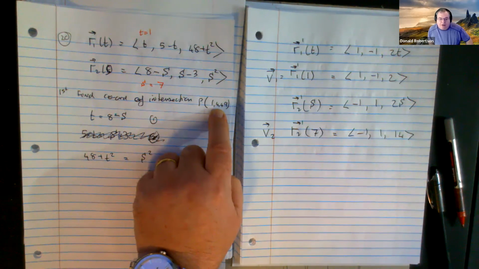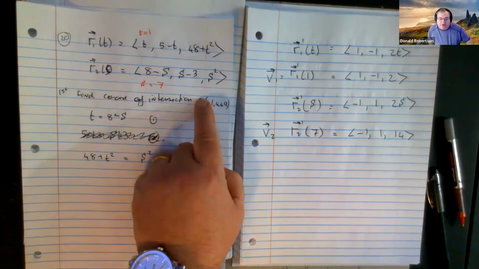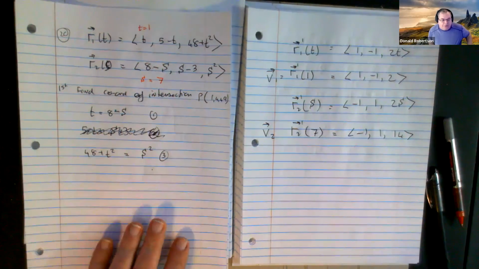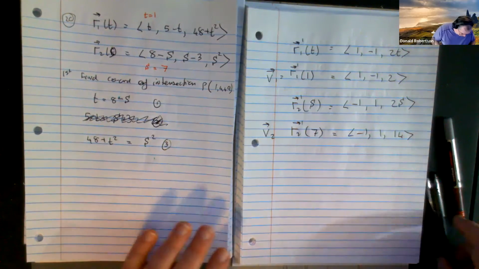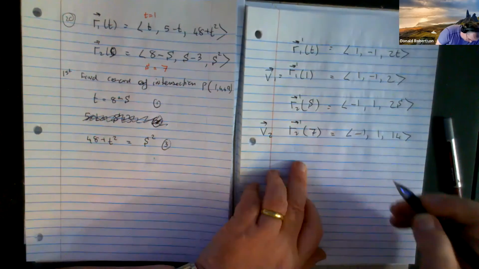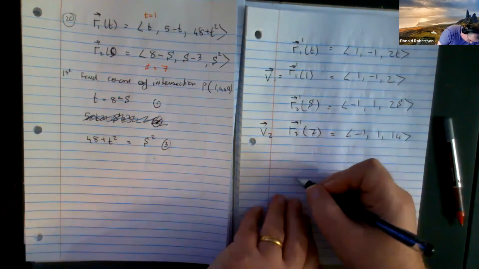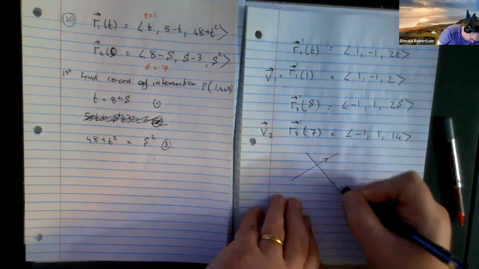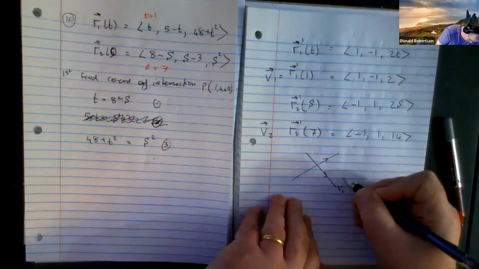Now, for the angle between them, I don't need that point anymore, actually. But I do need to know how they cross.